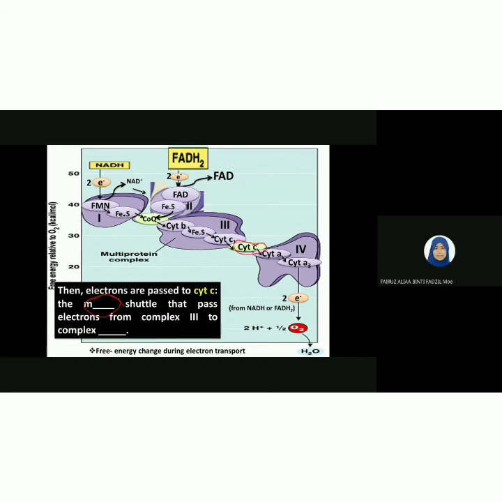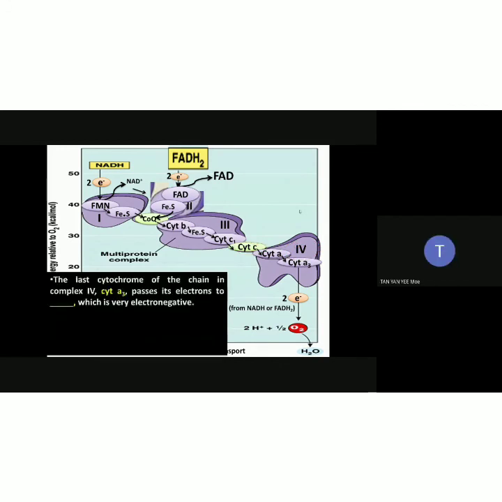Cytochrome c is the mobile shuttle that passes electrons from complex 3 to complex 4. Next, the last cytochrome, a3, passes electrons to oxygen.